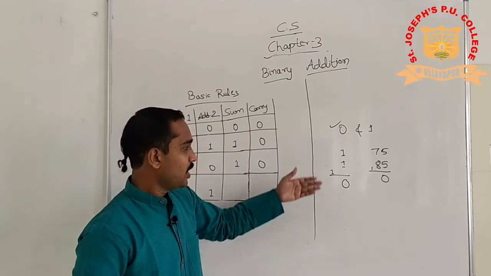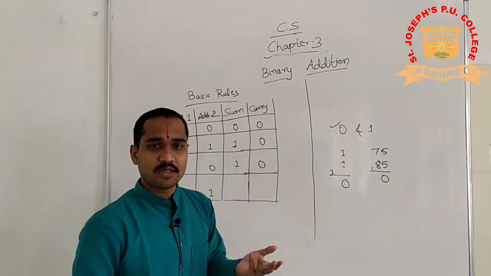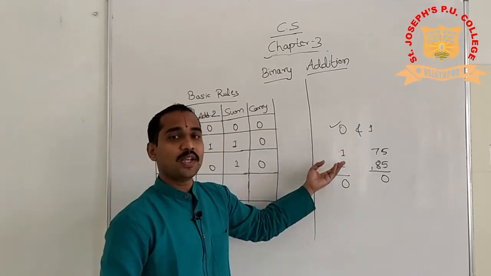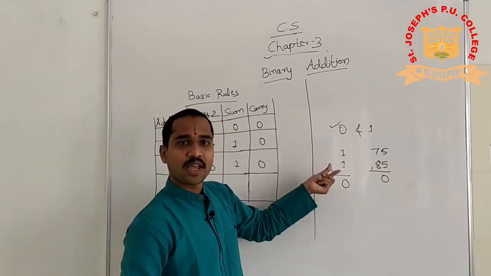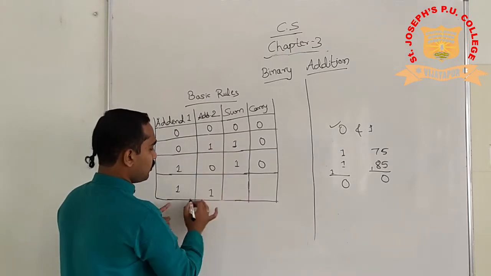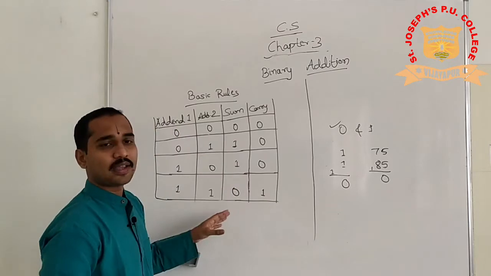In the same way, when you do 1 plus 1, which is the largest digit in binary? 1 itself, because only 0 and 1 are there. When it exceeds the largest digit, then 0 will be the sum and 1 will be the carry. So the rule is: 1 plus 1, 0 is the sum and 1 is the carry.